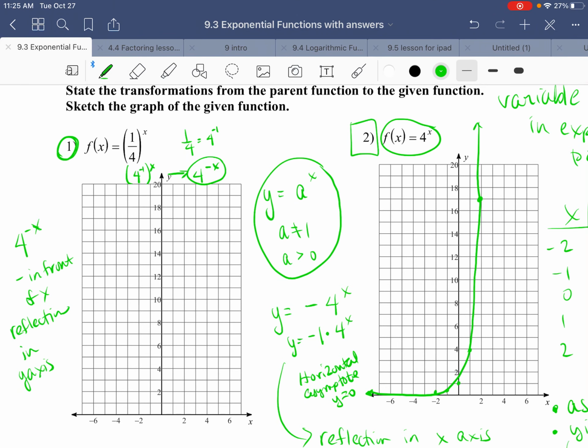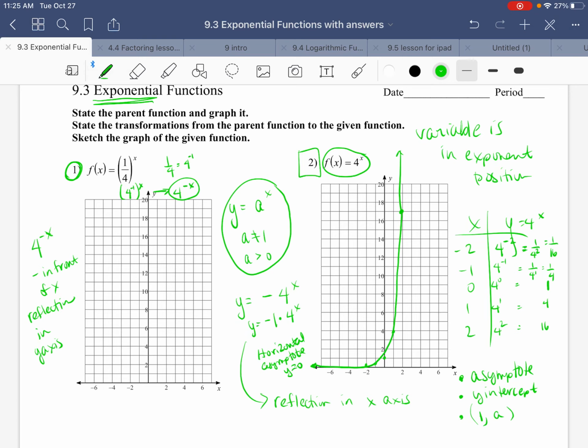So all of those points that we just made on the function over here, we just have to flip them to the opposite side of the y-axis. So instead of having 2, 16, you're going to have negative 2, 16. Instead of having 1, 4, you're going to have negative 1, 4. Now if it's on the axis, it stays there. And then instead of having negative 1, 1/4, we're going to have positive 1, 1/4, and then positive 2, 1/16. And your function would look like this.